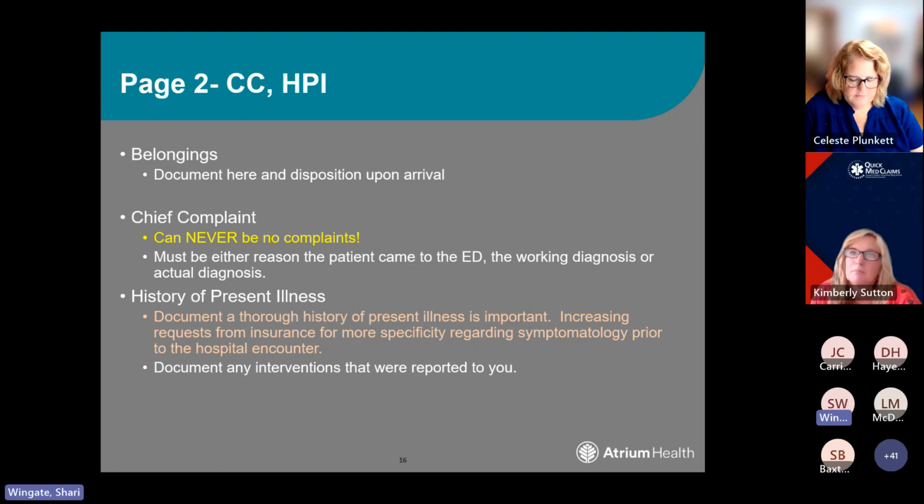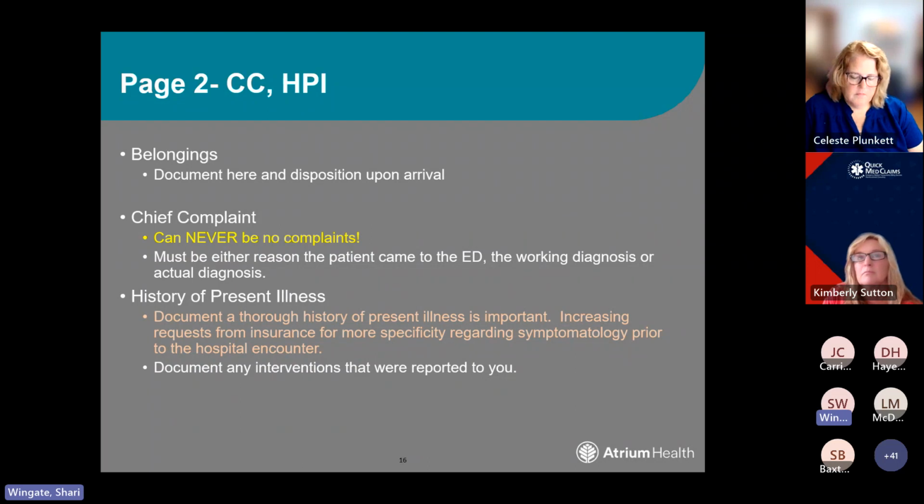For history of present illness, document as thorough a history as possible. We see an increased request of insurance for more specificity regarding symptomology prior to the hospital encounter. The big thing that came to my mind on this one is we had a patient with abdominal pain for chief complaint, and the history of present illness just said abdominal pain being admitted for API.